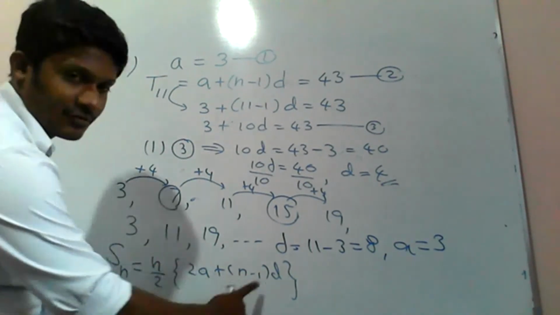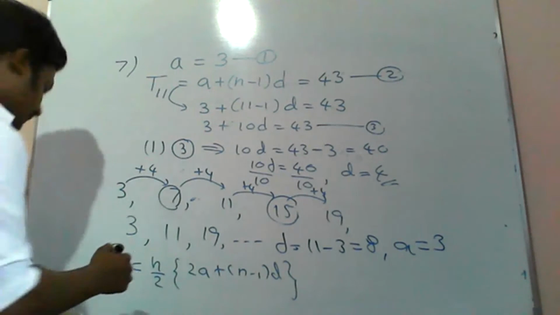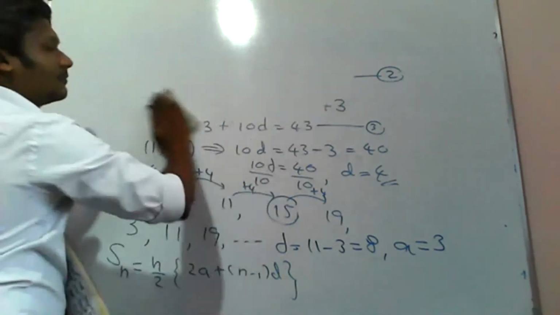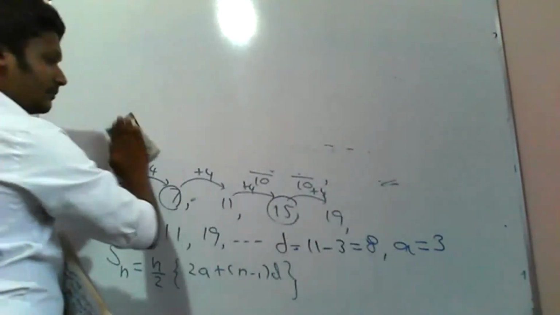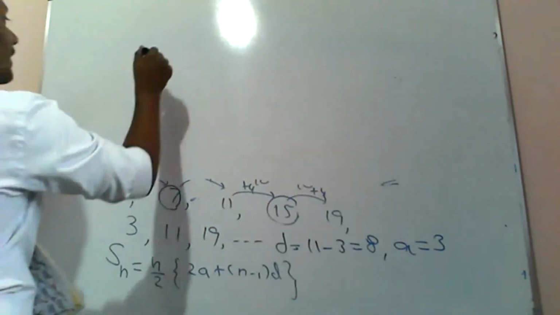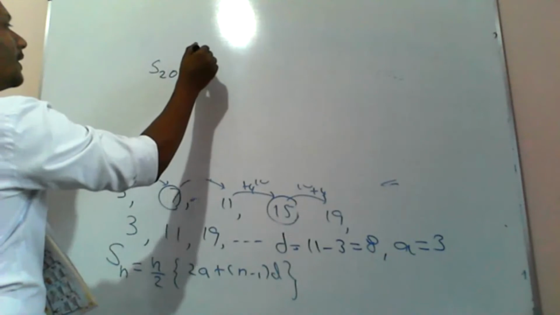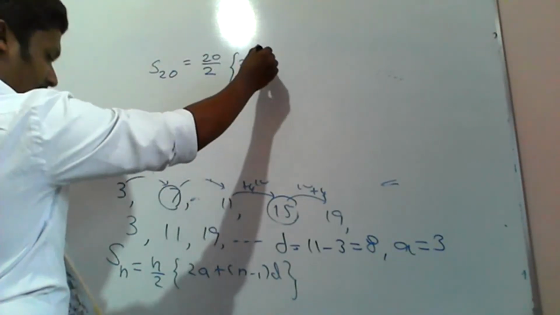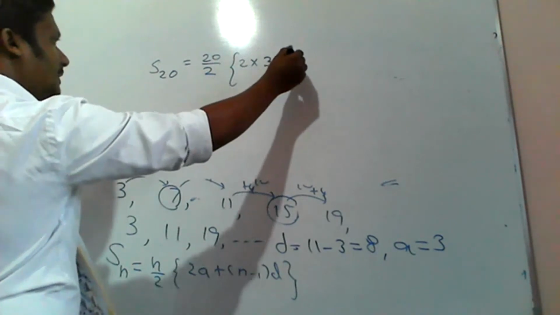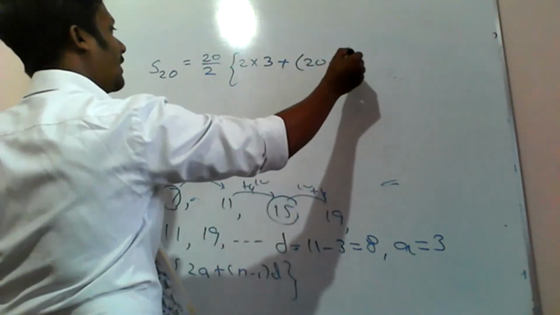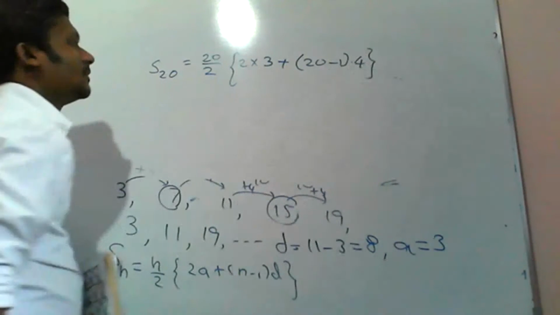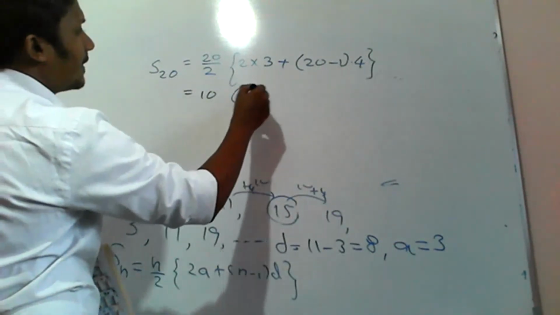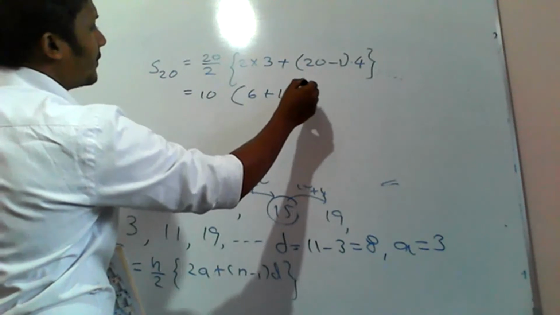Now substitute the values into the equation and find S20. S20 equals 20 divided by 2 times the bracket 2 times a, that is 3, plus (20 minus 1) d. Then the answer: 10 multiplied by 6 plus 19 times 4.